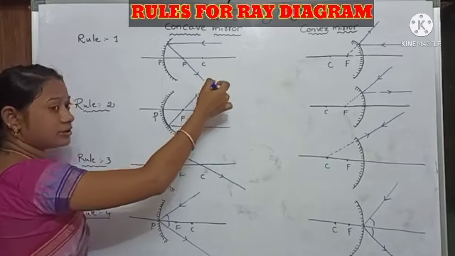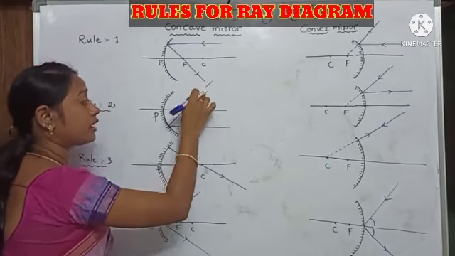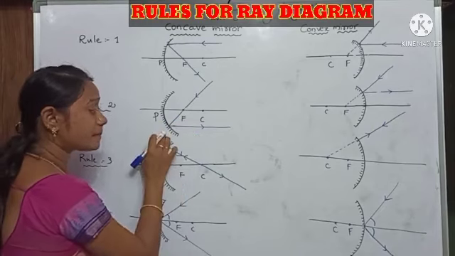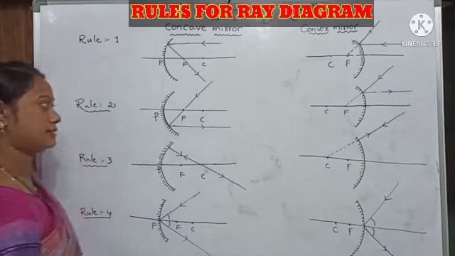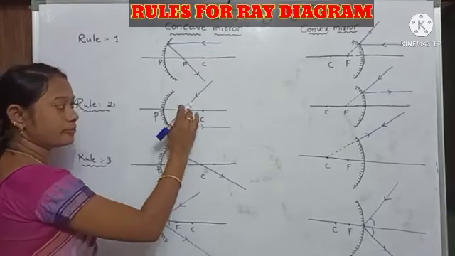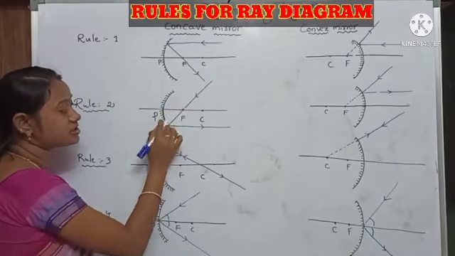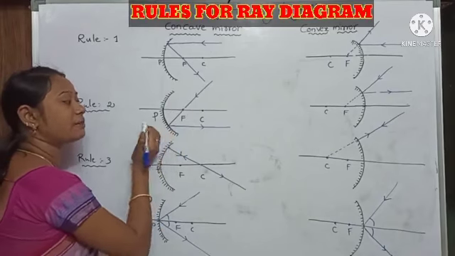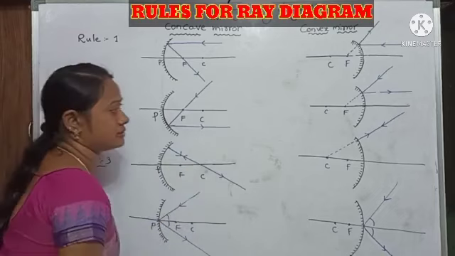When the light is incident and passing through the principal focus point, it reflects along the principal axis. When the light passes through the principal focus point, what happens? It touches the reflecting surface and passes like that along the principal axis.